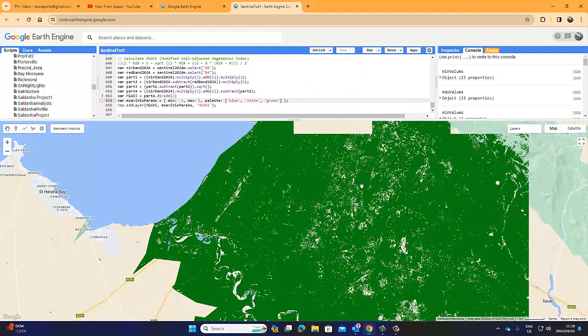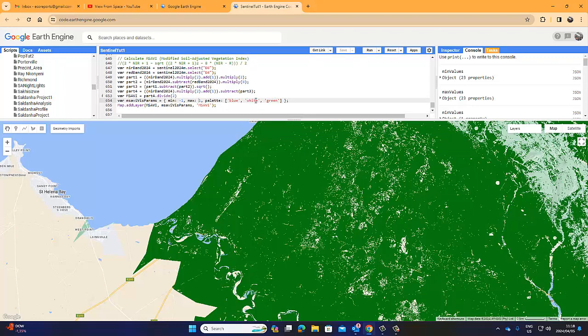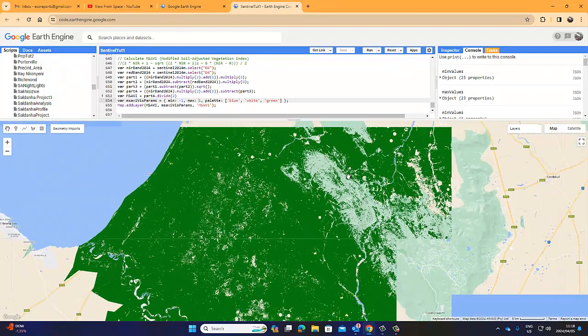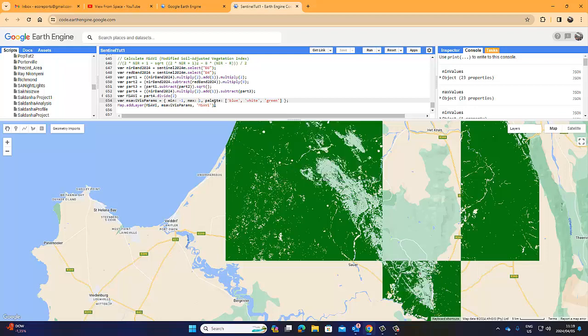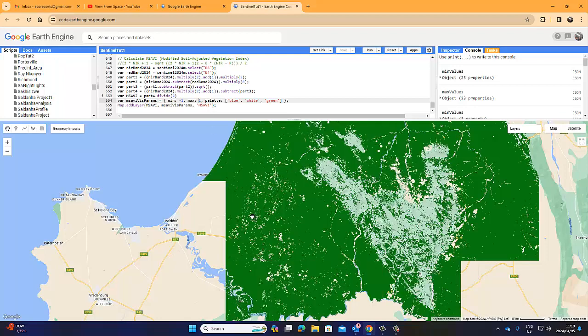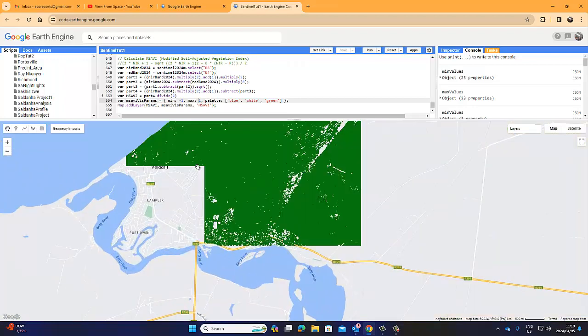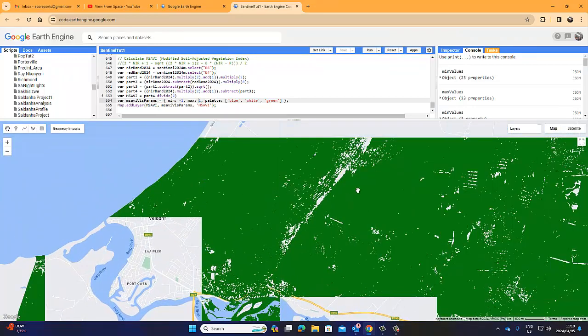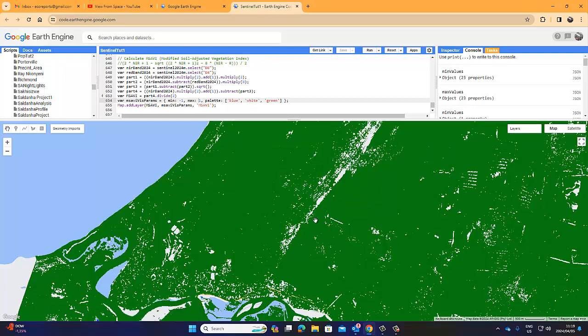Now, you can see it's basically all whites and greens. The blue is the water, etc. You can see the mountains are indicated there. Again, it doesn't really differentiate between urban areas. If I zoom in, there's my urban area, and the soil, bare soils, is both green.